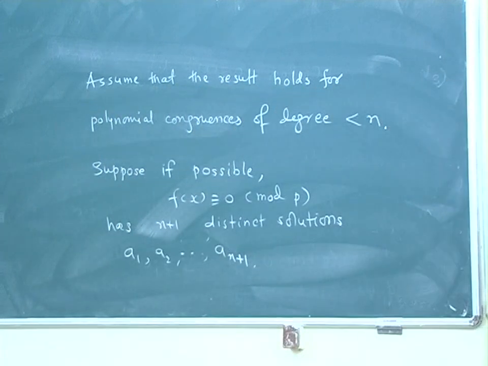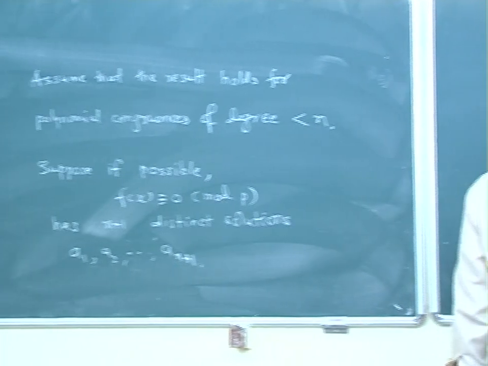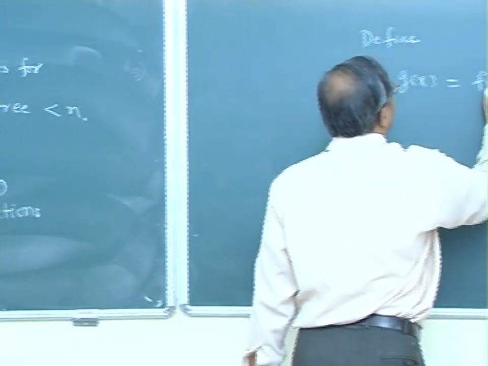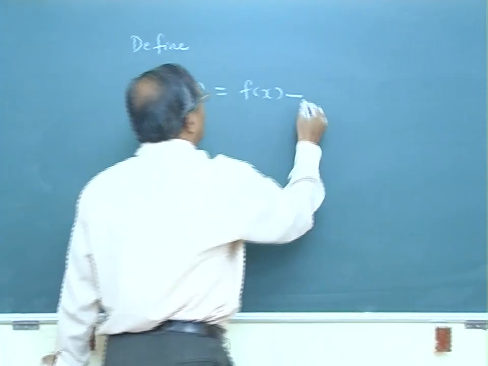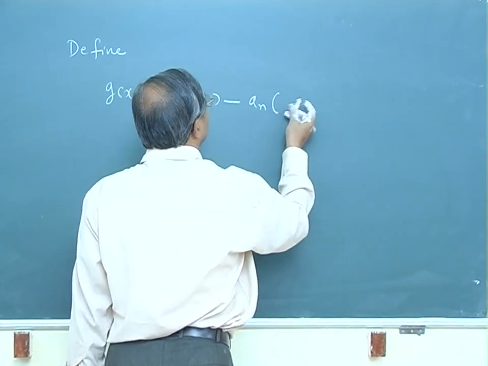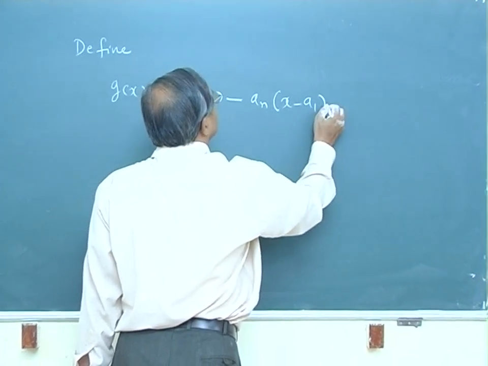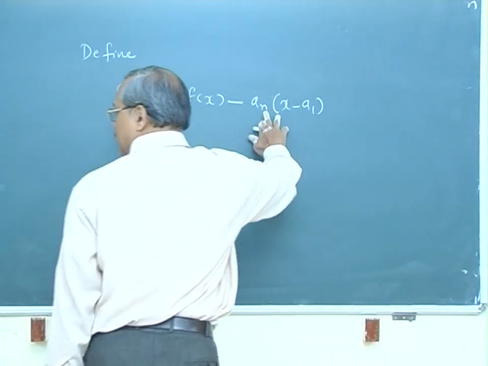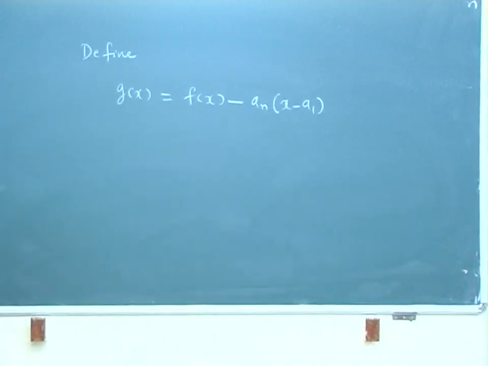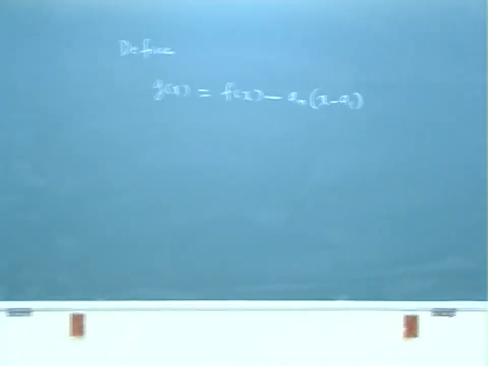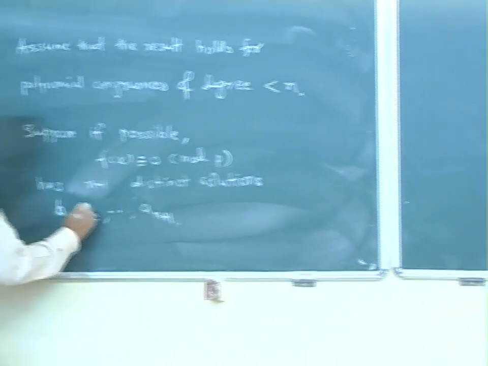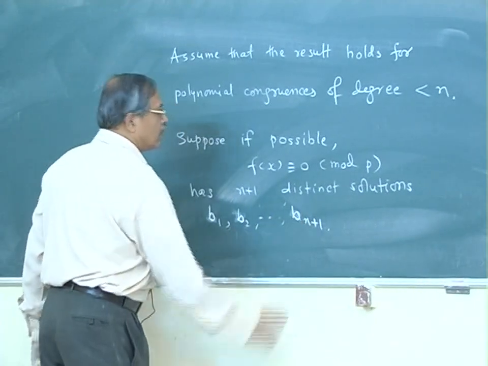Now consider another polynomial g(x). Define g(x) equal to f(x) minus an into (x minus a1)... So let us not write these as a1, a2, a(n+1), but call them b1, b2, b(n+1).